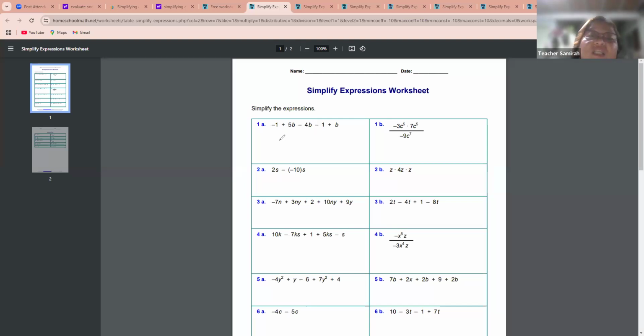What I'm going to do is simply write all these numbers with variable b.